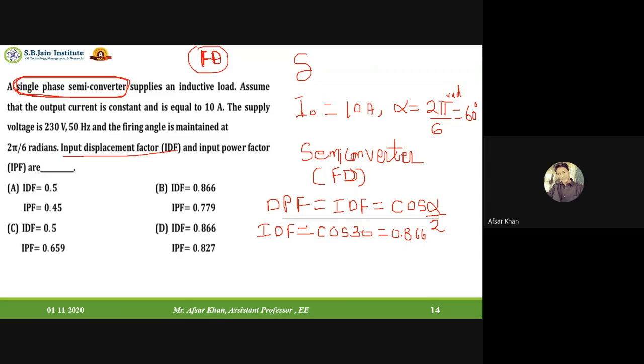Now what we have to calculate? One point we have calculated. See, 0.866 IDF is given in which option? Here it is not given, so it is eliminated. But in B and D it is mentioned.